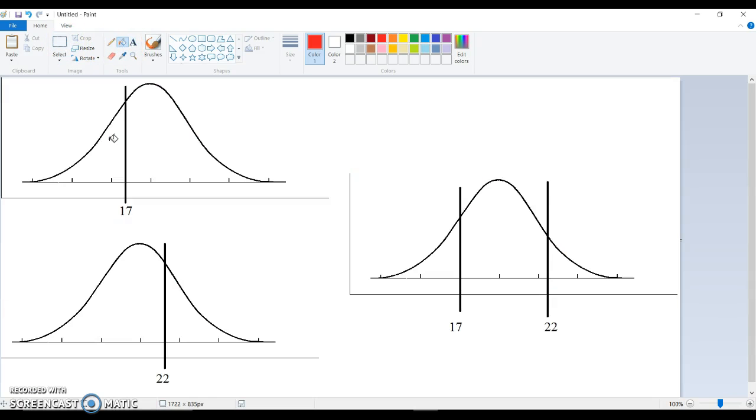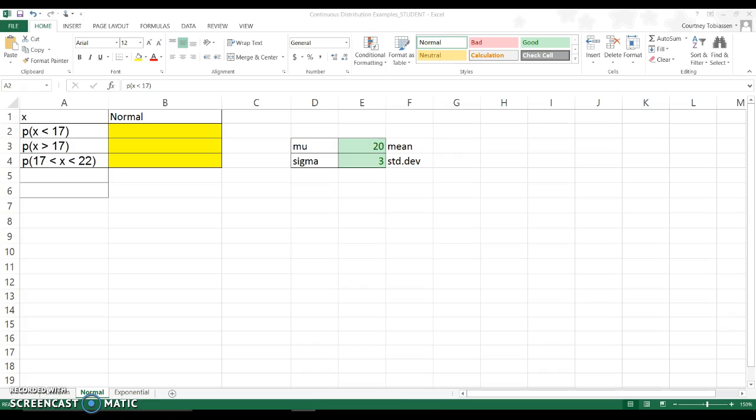On this side right here, that is what we were looking for. Try that again. So it is asking us for this area right in here underneath 17. The norm.dist assumes that it is asking up to that point.